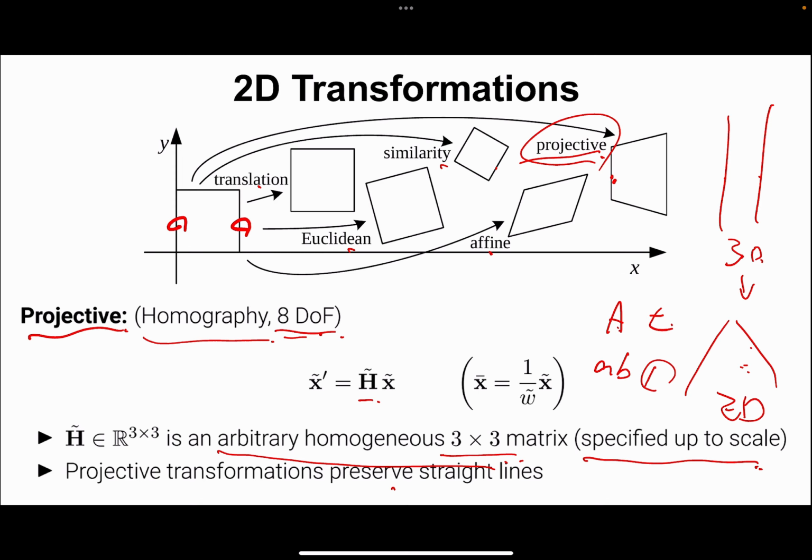So the projective transformation preserves only straight lines. A straight line is still a straight line; it does not become a curved line.